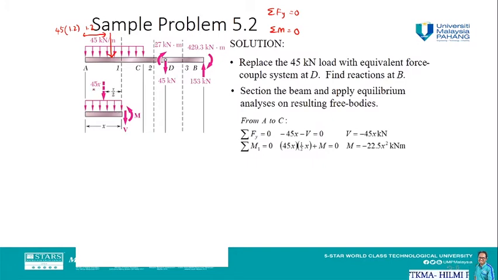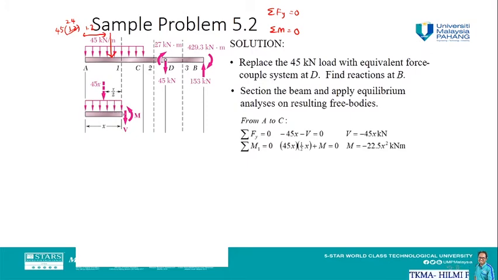Okay, and we are going to use the equation 45 times the distance x, and 45, this one is not 1.2, 2.4, 2.4 throughout the length from A to C. The location of the concentrated load is located at x over 2, okay, half from the distance of x, and we can find the value of shear force V, okay, from this equation easily.